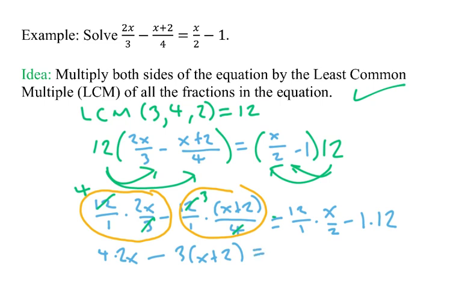On the other side of the equation, 2 divides into 12, and that gives me 6x, and then 1 times 12 is 12. And that is just so much simpler looking than where we started. That, in fact, is the point of multiplying both sides by the least common multiple of all the denominators. Let's turn the page and we'll continue from here.